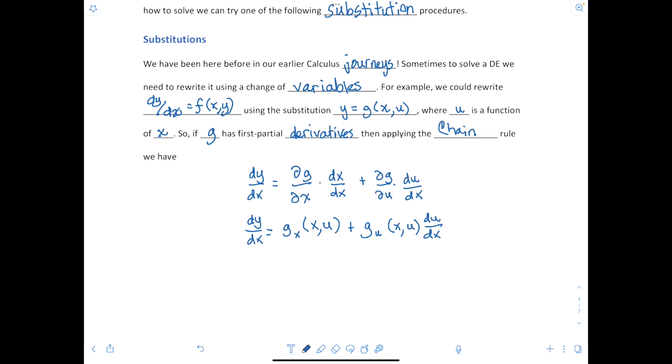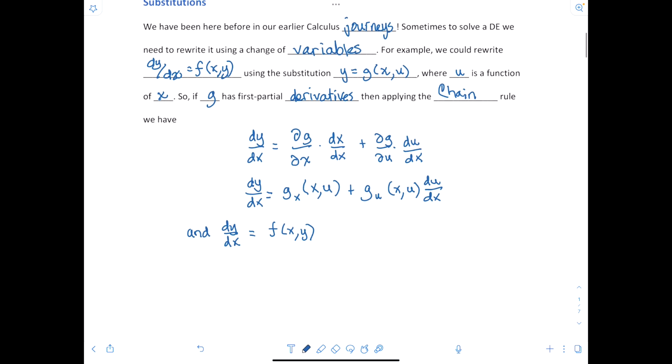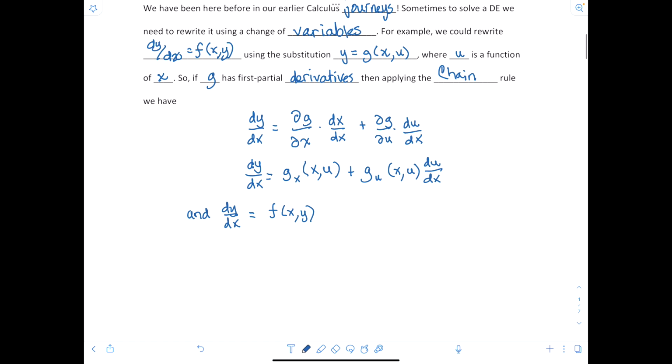Okay, and dy/dx also equals f of x and y. Groovy? So substituting these things in for dy/dx, we found the first partial of g with respect to x at x and u plus the first partial of g with respect to u at x and u times du/dx.